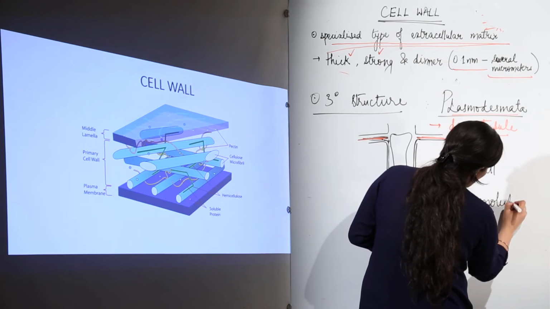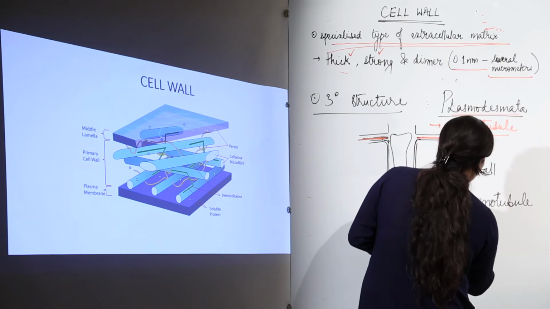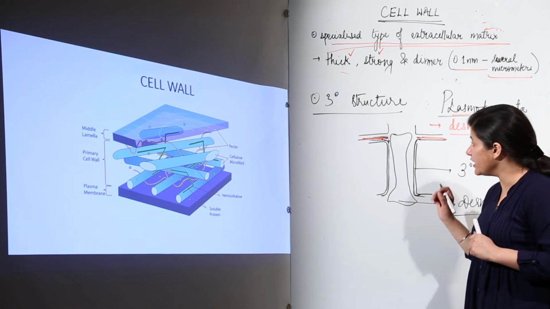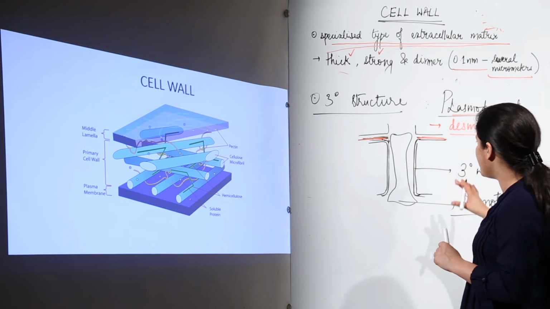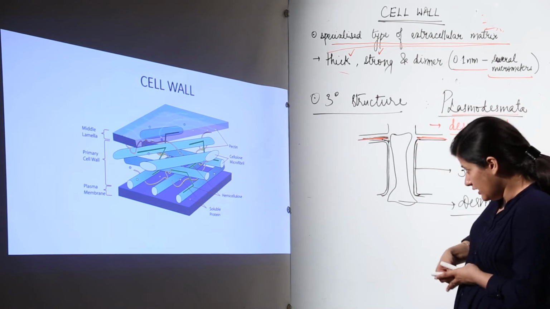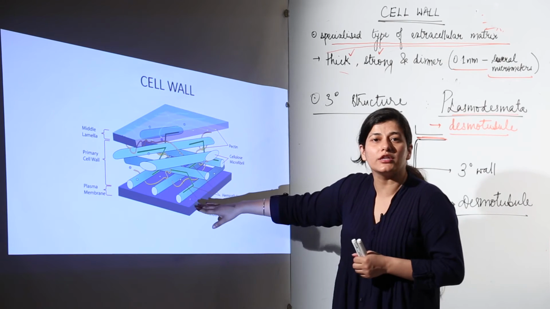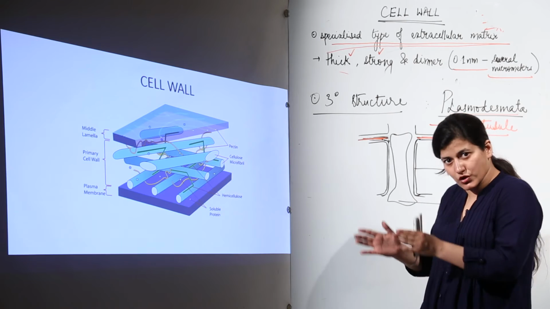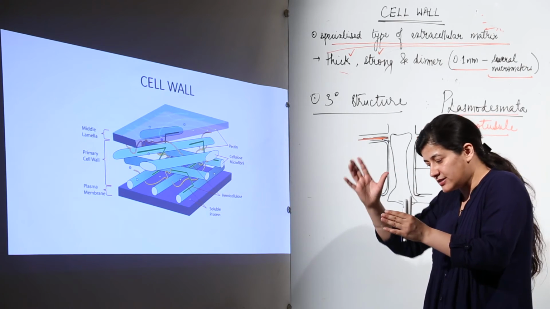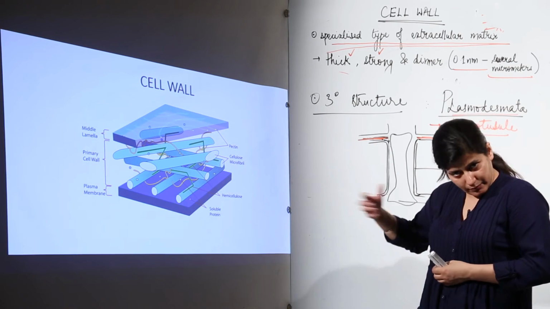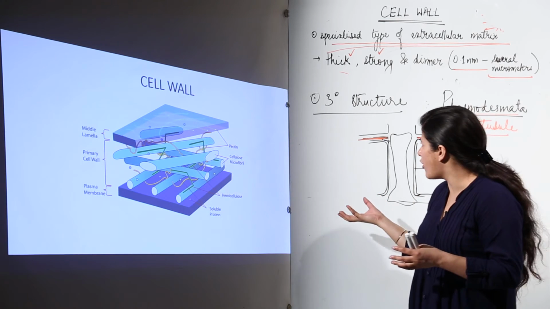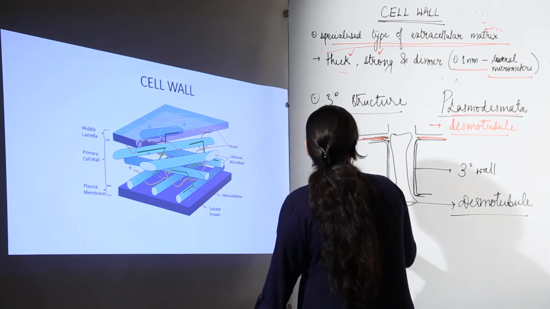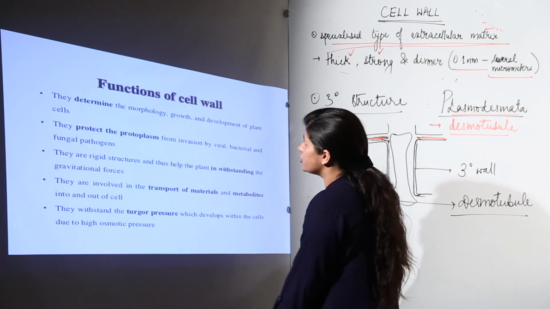Okay, so here we come to know about the tertiary structure of the cell wall, where we have the primary wall near the plasma membrane. We are going to have the secondary wall, which would be responsible for the passages. Okay, the passages where the cell is giving way to the products which are formed inside the cell in contact with the other cell. Now, what we are going to deal with next is the functions of the cell wall.